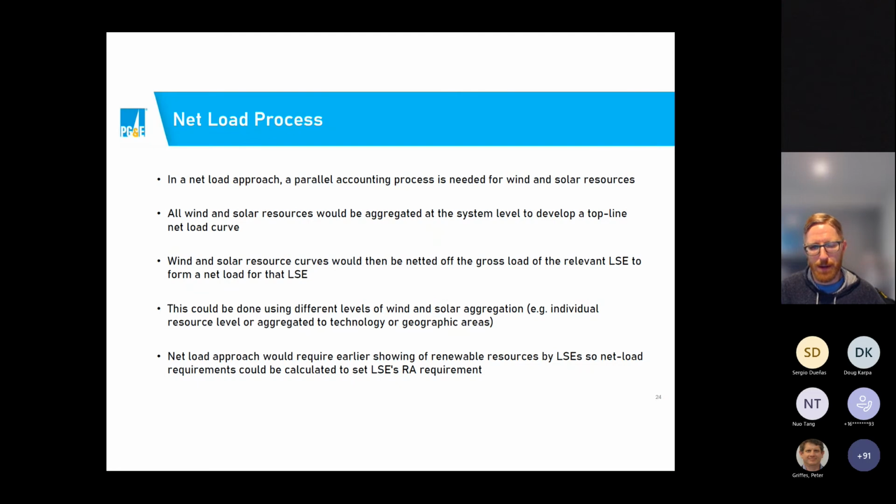And a parallel piece to this is, because your wind and solar goes into the load forecasting process, we would need to think about how that impacts the tradability of those resources, because if LSEs were trading those resources in the midst of a compliance cycle, it would create issues with the load forecast side as opposed to the supply side.